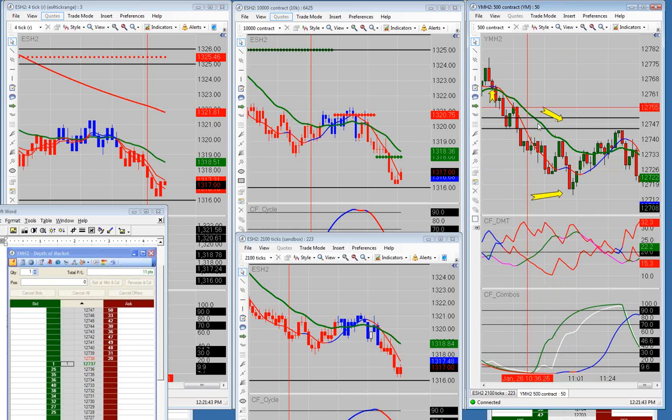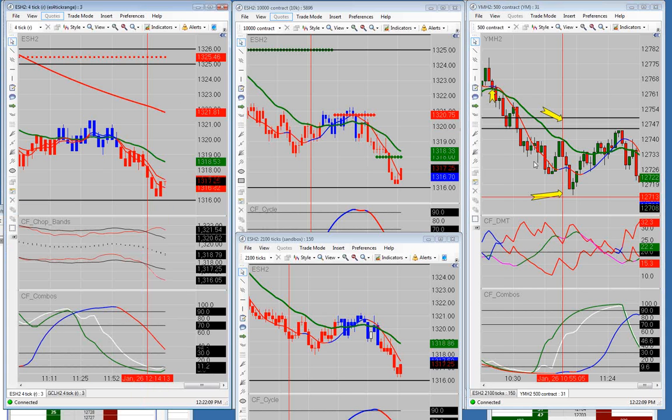If it were red, you may have considered just letting it go, because if the MA1 were red and still going down, you would have anticipated it getting back on the other side of the MA1 and just going down with the market. I'll show you on a 2100 tick ES trade how that was used to trail a stop a little while ago by one of our partners in the room.